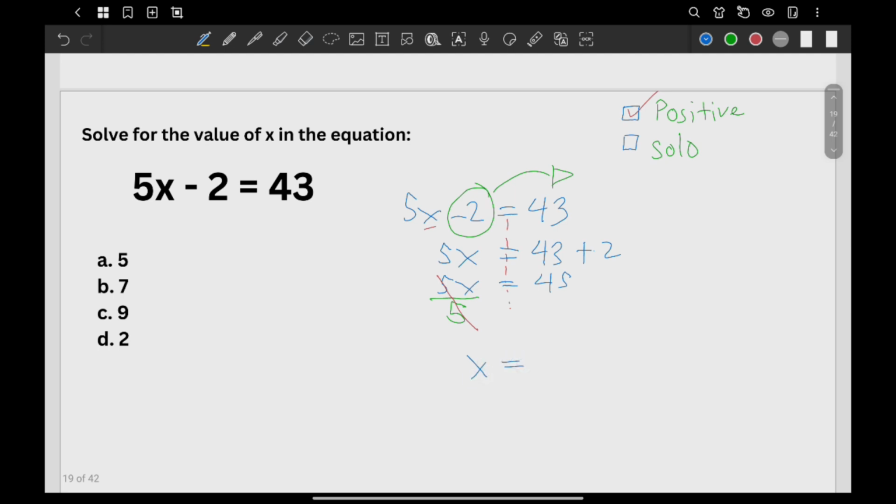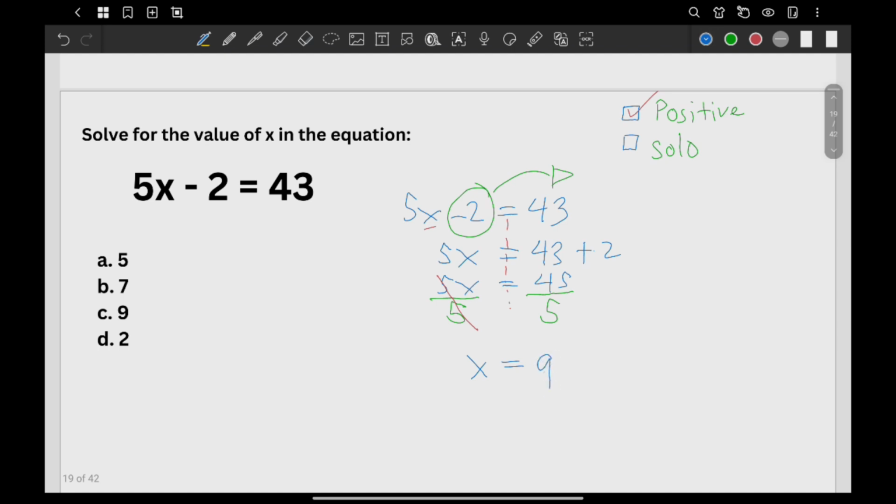So, sir, is x already 45? No. Because in this case, the rule of equality is that whatever you do on one side of the equation, you also do on the other side. We divided the left side by 5, so we will also divide the right side by 5. And what's 45 divided by 5?